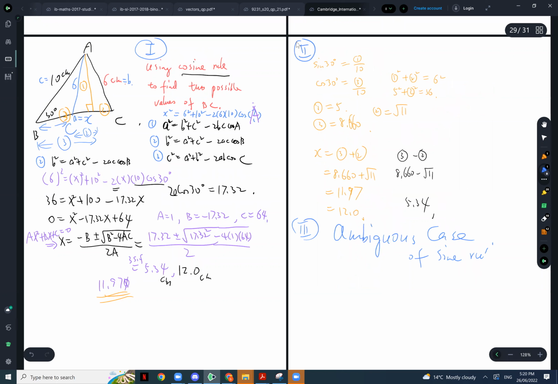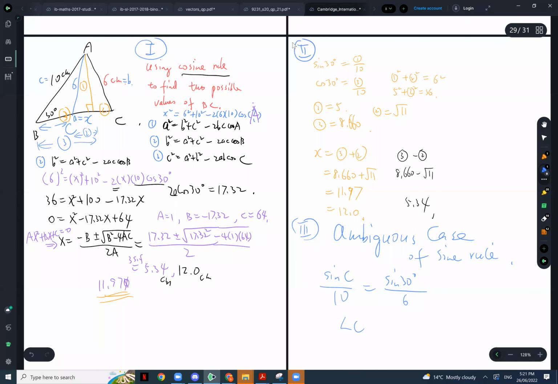Guys, for example, sine rule: sine C over C equals sine B over B. That's the sine rule. So sine C over 10 equals sine 30 over 6.